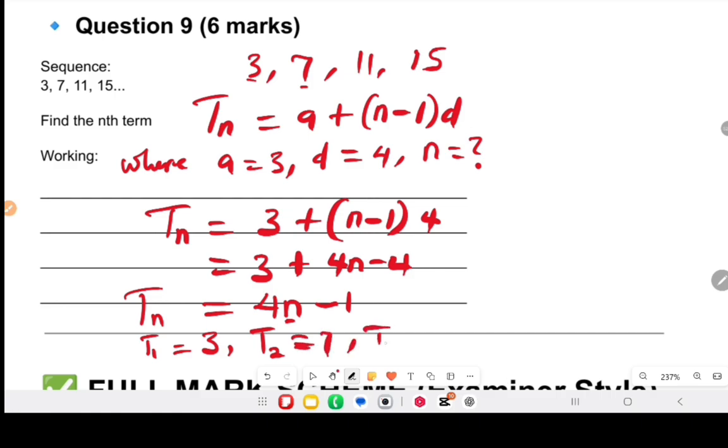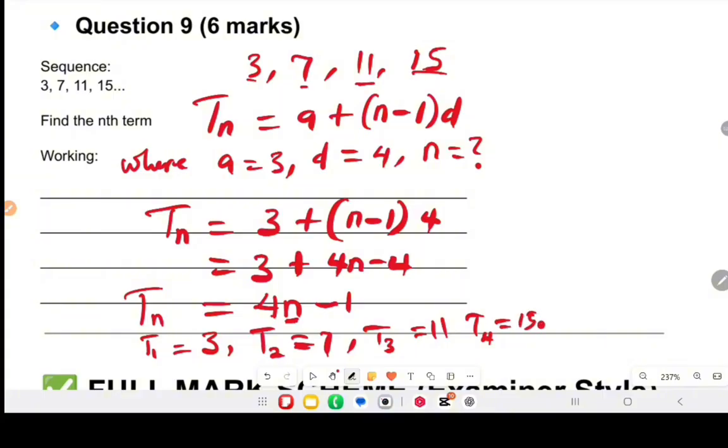Then T3, the third term, let's see if we can get 11. When we put 3 here, it gives us 12 minus 1, which is 11. If we check the fourth term, which is 15, T4 is equal to 16 minus 1, which is 15, and so on.